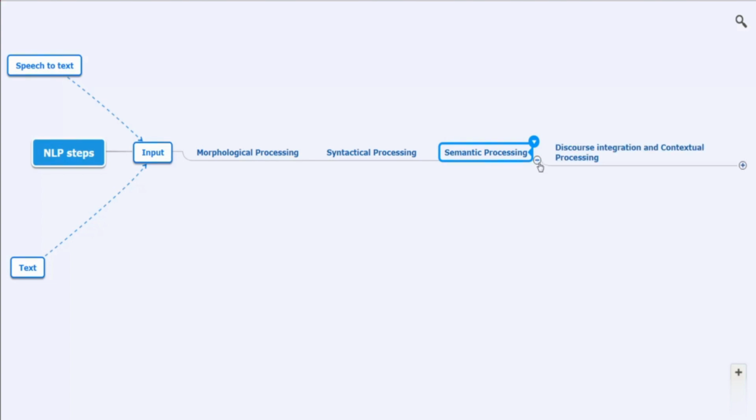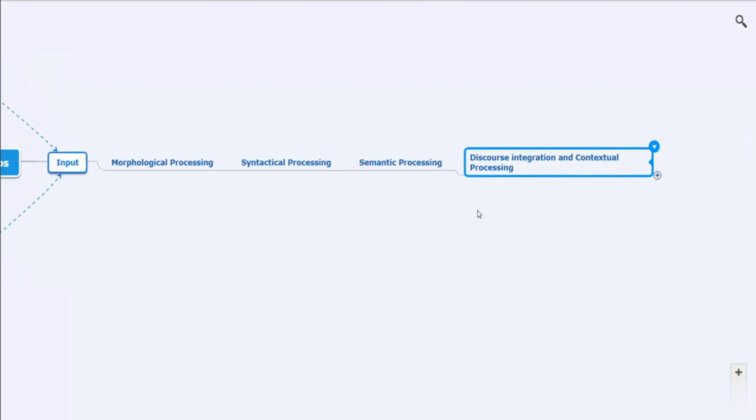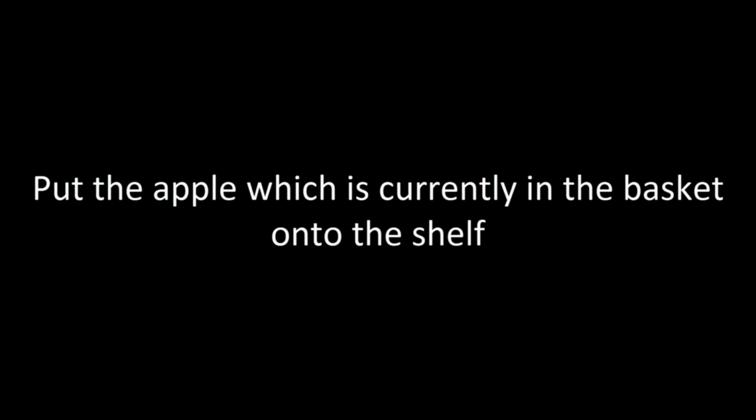So, therefore, the next stage is called the discourse integration and contextual processing, also known as pragmatic processing. Now, in this step, we try to bring in the context and get the true meaning of the sentence. For example, the sentence put the apple, which is currently in the basket, on the shelf, has two different meanings, and the only way to find out is using the discourse and context.